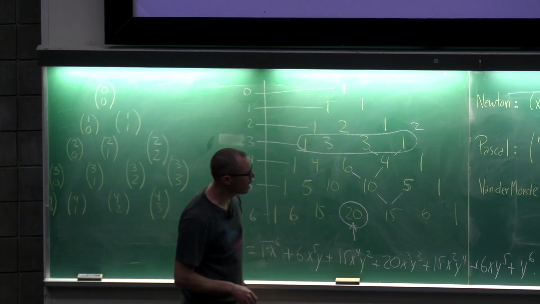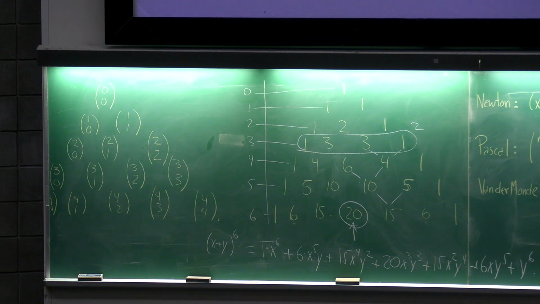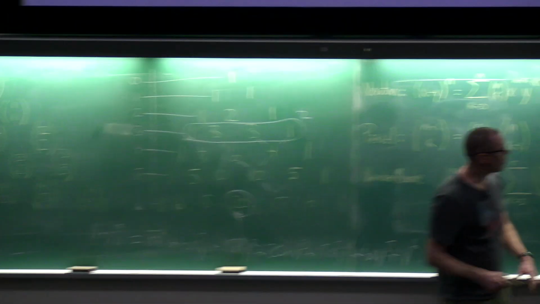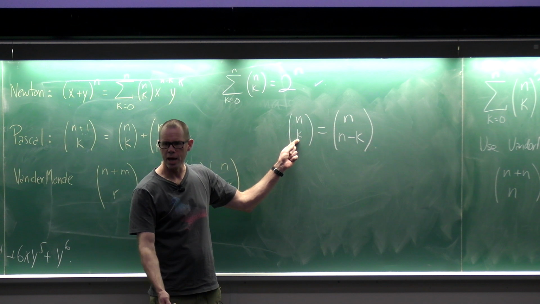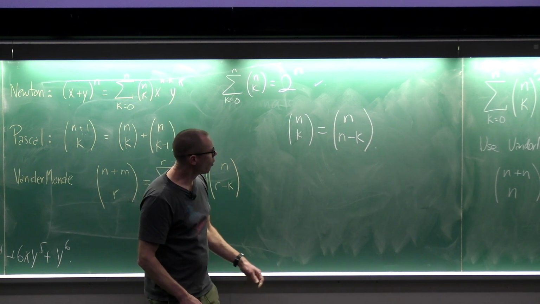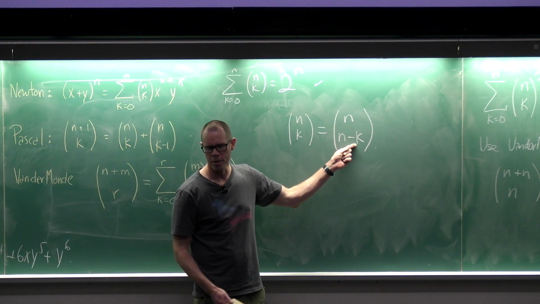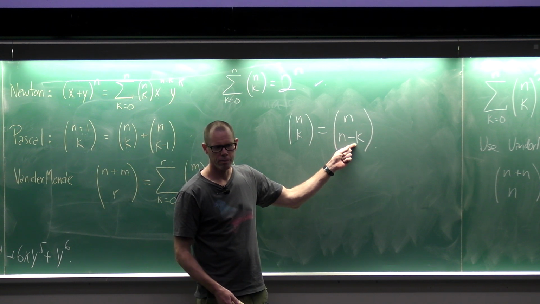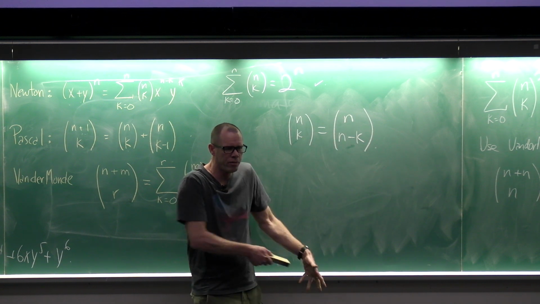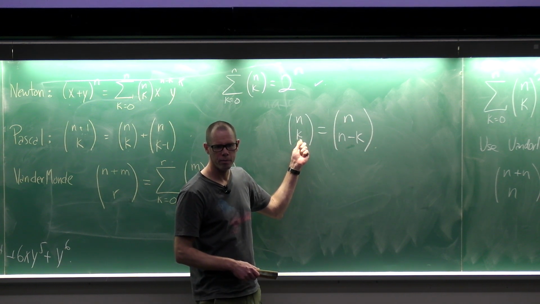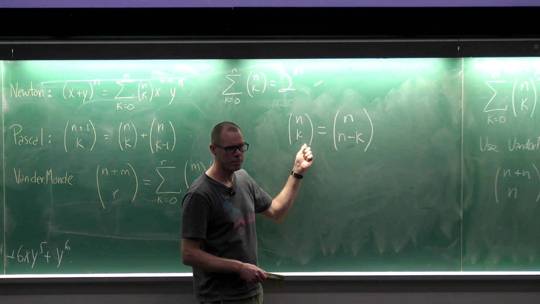So we actually saw that as well, this little theorem: n choose k is equal to n choose n minus k, because if I want to give you a subset that contains k elements, I can either tell you what those k elements are, or I can tell you the n minus k elements that are not in the subset. Right? So every time you give me a set of n minus k elements, if I take those away and leave the others behind, then I'm left with k. So there's a bijection between these two things.